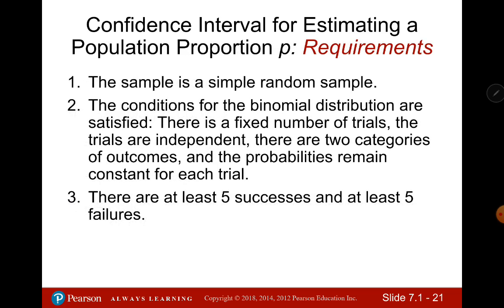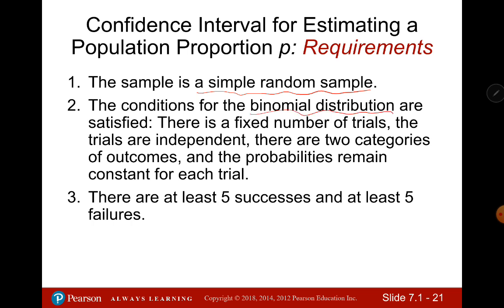Let's check the confidence interval. We should check the requirements. We can quickly go through this part because in your exam or quiz, I've already checked all the requirements for you. First, of course, all the samples should be simple random samples. The second rule is the binomial distribution.